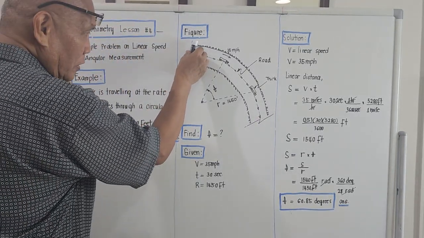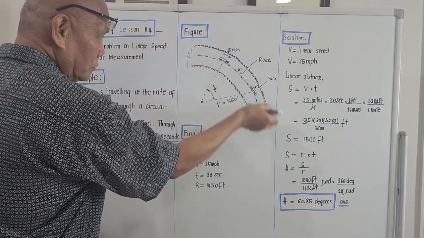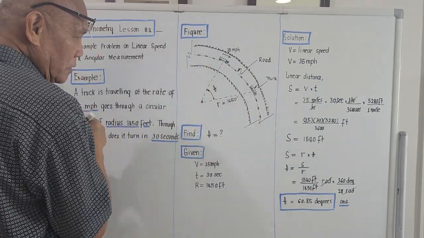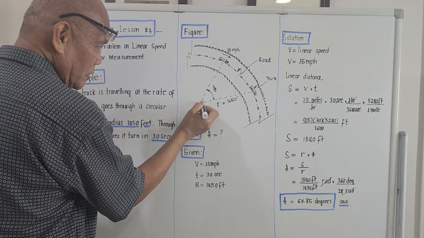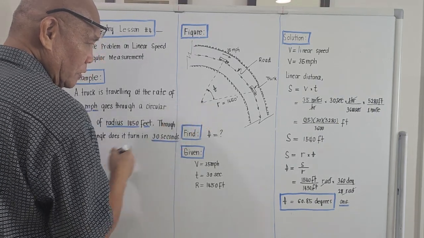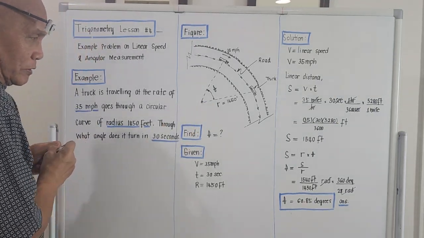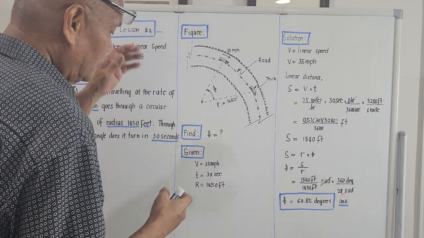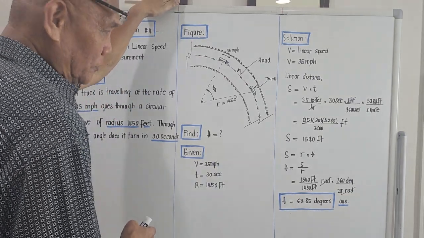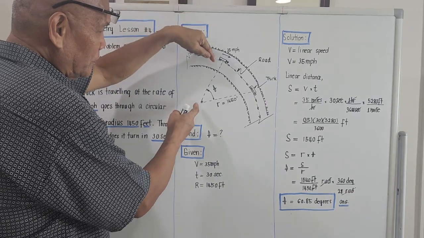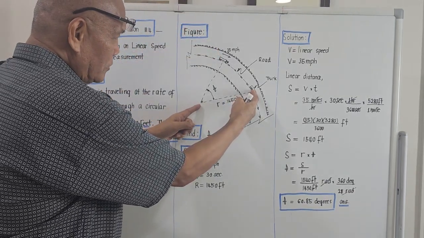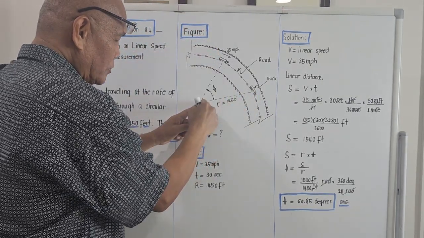We got a circular curve, assuming this is the center of rotation, and if we try to measure the length of the radius of the circular curve, this is the center point.